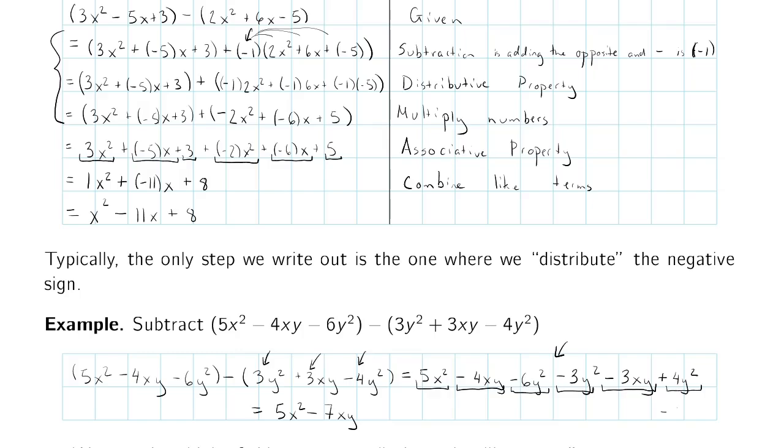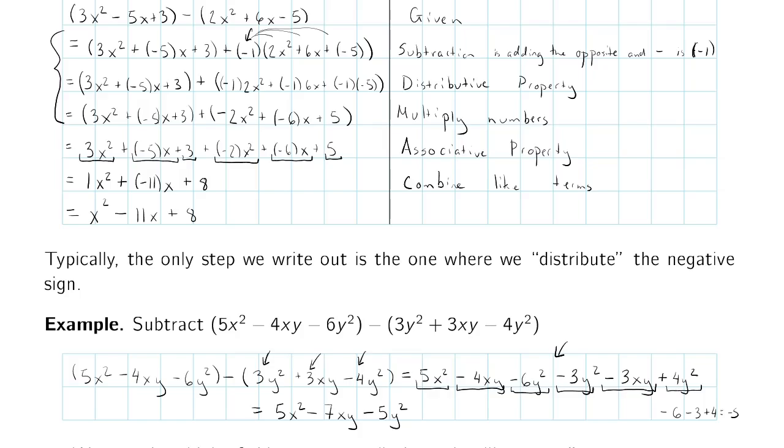So we're thinking -6 minus 3 plus 4, that's -5, so -5y squared. So the only step in this that we wrote out was the one where we distributed the negative sign.